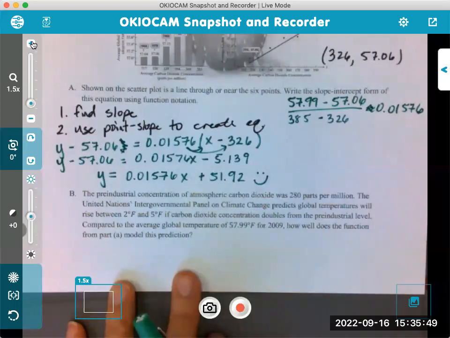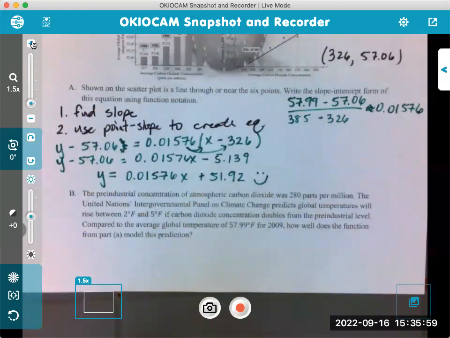Compared to the average global temperature of 57.99 in 2009, how well does this function from part A model this prediction?